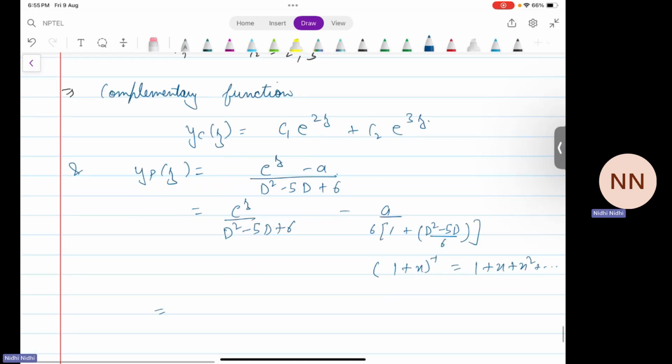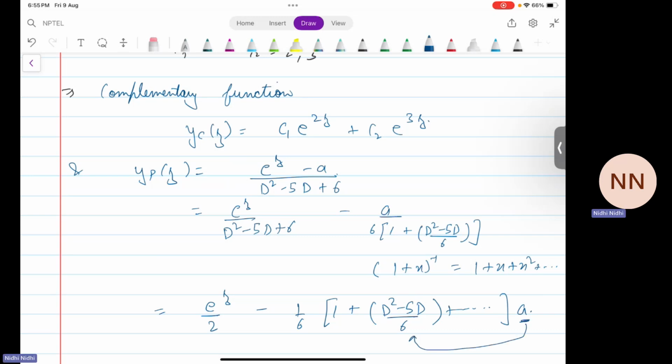So for the first term, the value of D equal to 1, we get 1 − 5 + 6 = 2, so e^z/2. Minus 1/6, let's expand this. We get [1 + (D² − 5D)/6 ...] and the rest of the terms times a. Now this is a constant.